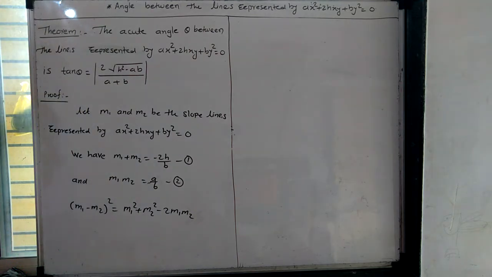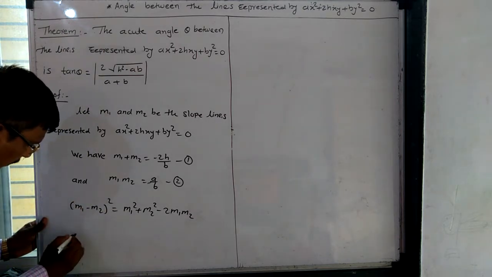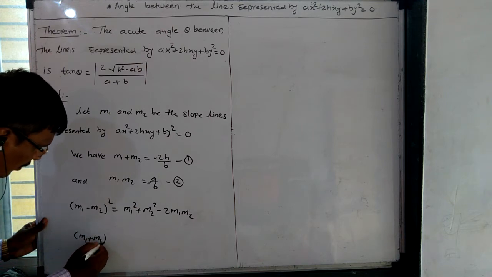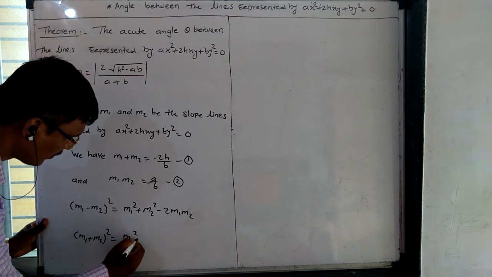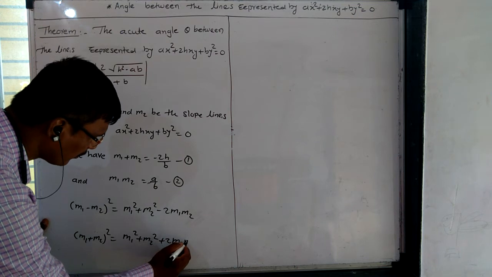Also, one form of identity is m1 plus m2 bracket square is equal to m1 square plus m2 square plus 2 m1 into m2.